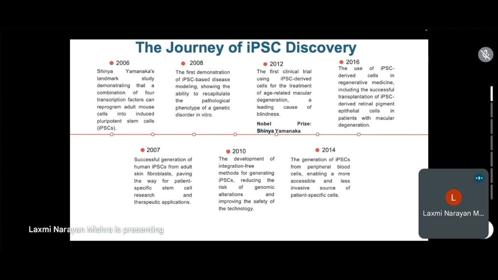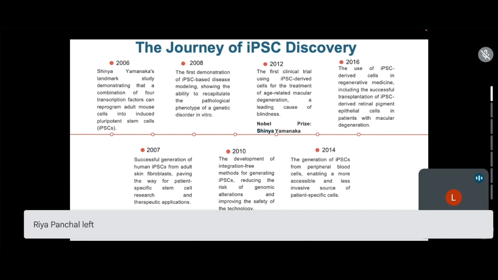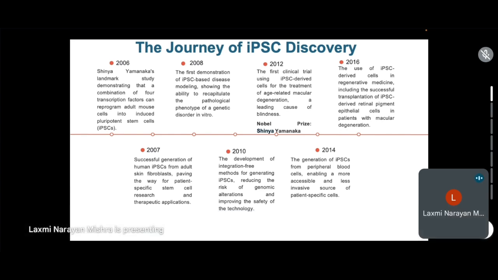Most of the previous methods used an integration-based method for these 4 transcription factors, which he used in 2006 and 2007. In 2010, there was an integration-free method for generating iPSCs, reducing the risk of genomic alterations, because if we do integration, there is genomic abnormality, there is alteration, and that improved the safety of the technology.